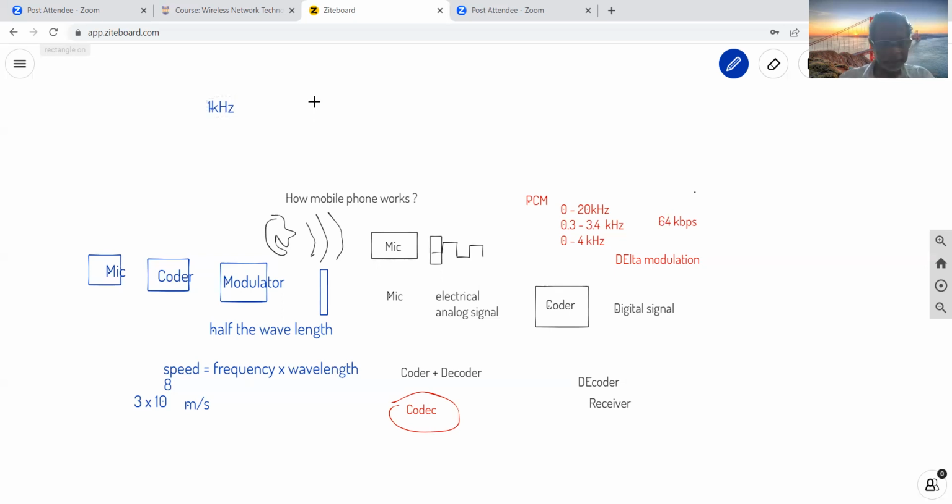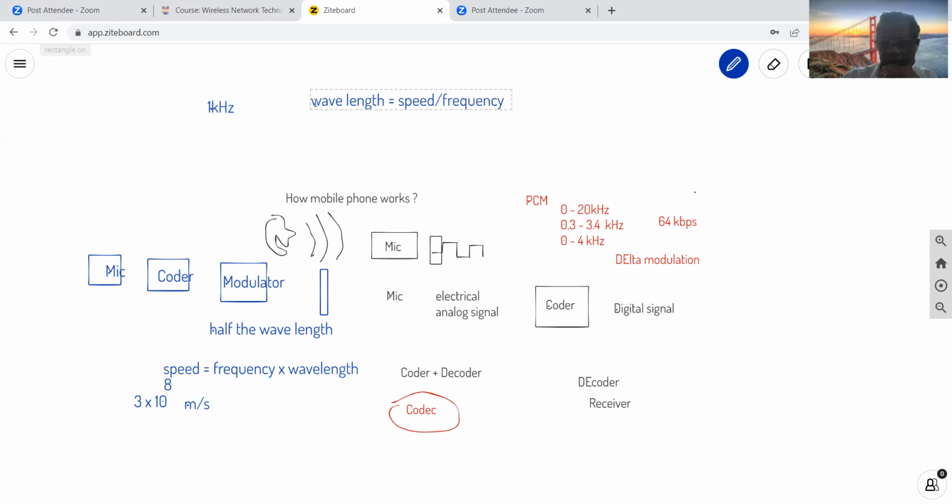Then wavelength is equal to speed divided by frequency. It comes in meters.